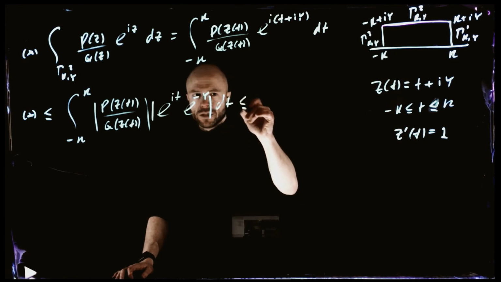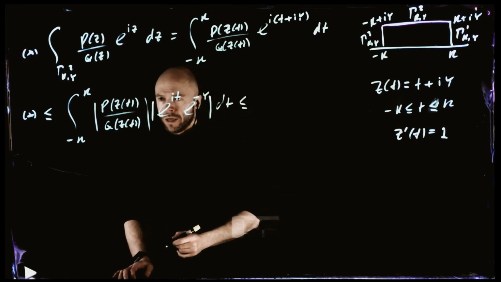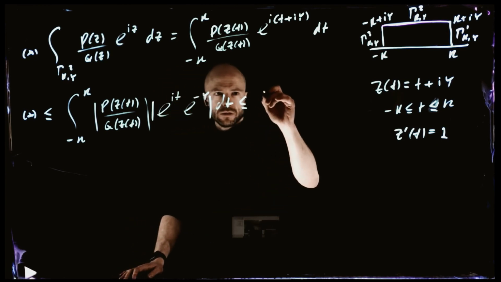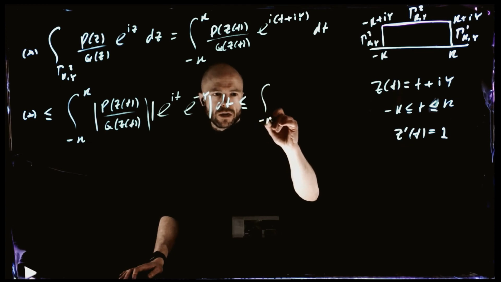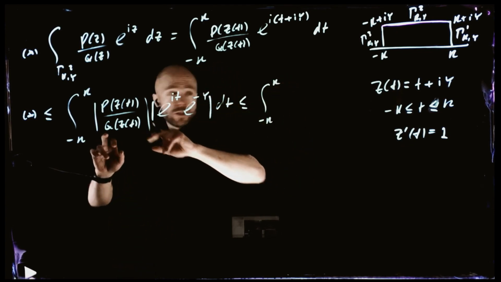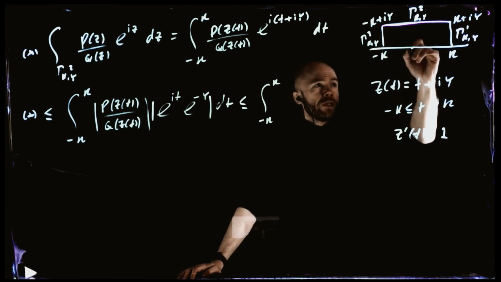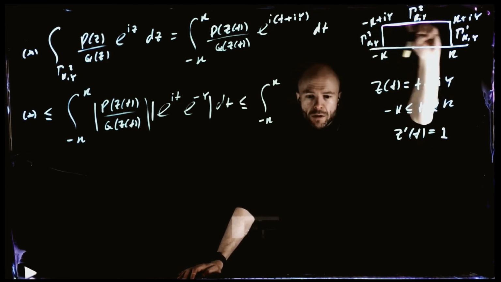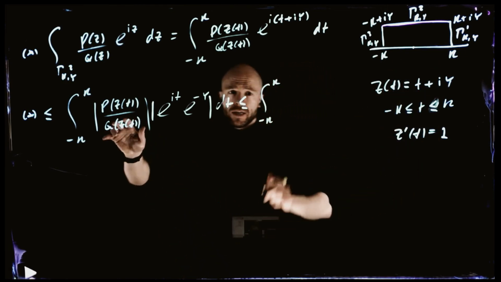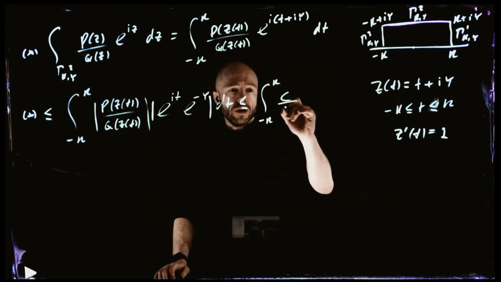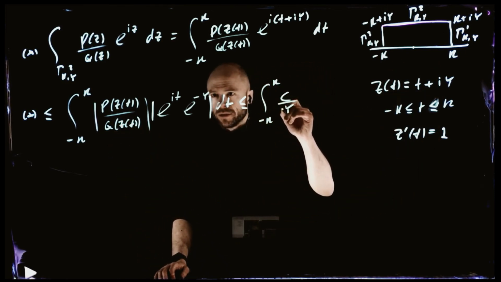So then what is this less than or equal to? This is less than or equal to the integral from minus r to r. For the same reasons as before, since the distance of z away from 0 is at least y along the top of this, this is less than a constant over y itself.